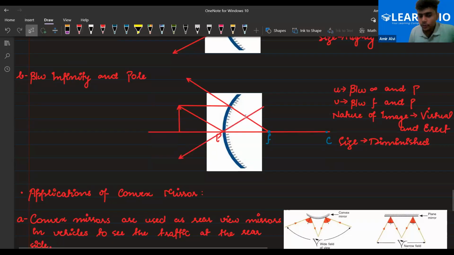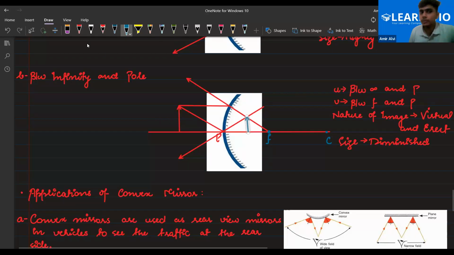This is the intersection of the reflected rays, so the image formed would be this blue color. Clear, Naveed? As you can see, the image is smaller than the object, and it is always formed between the pole and the focus.